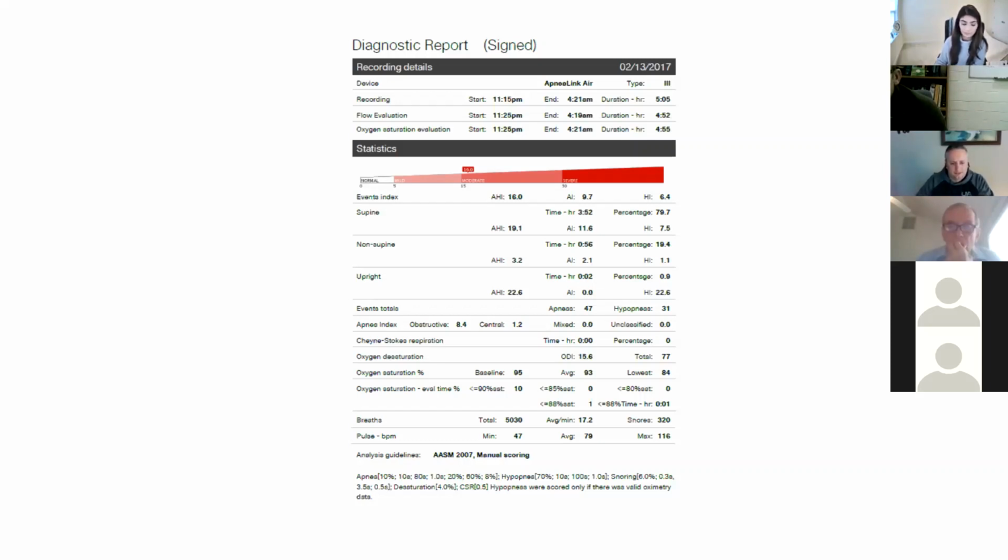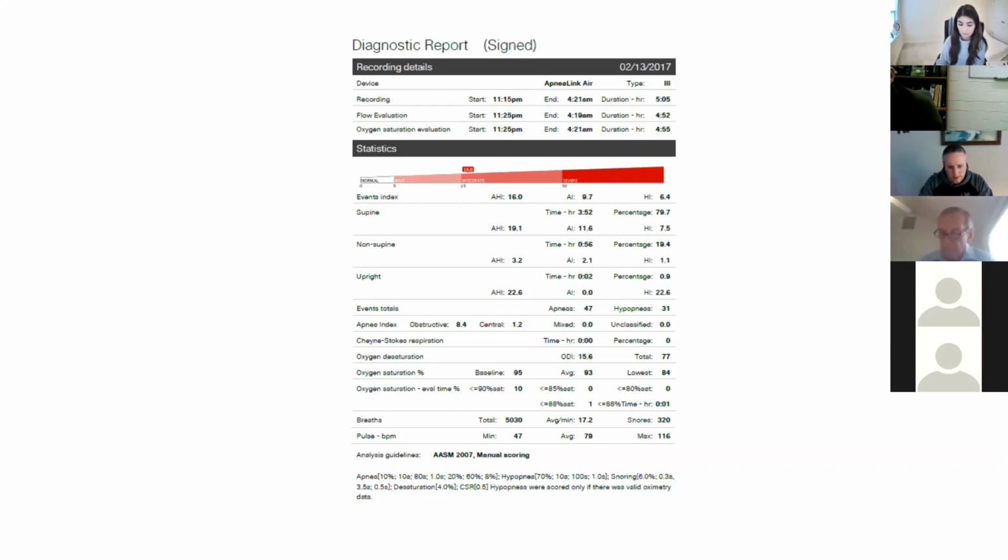The problem with regular pulse ox in screening for obstructive sleep apnea is the time frame in which it analyzes data. It does it in 30-second increments, so you actually miss a lot of desaturations. It takes the mean of about 30 seconds of data and reports it.